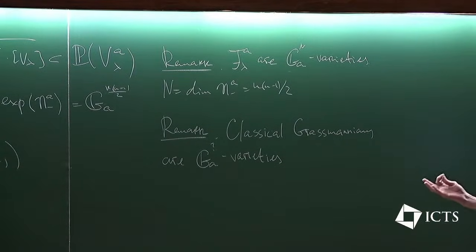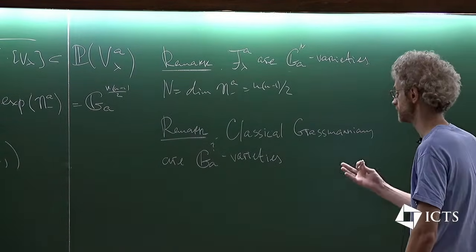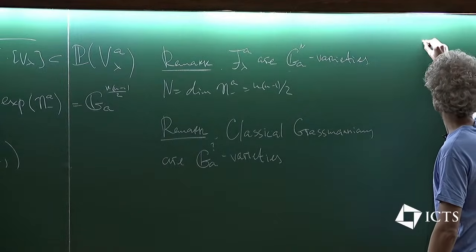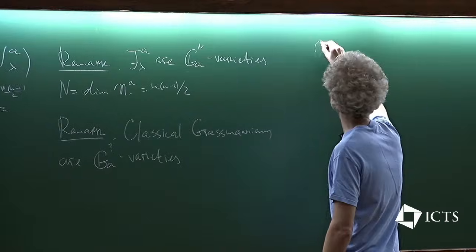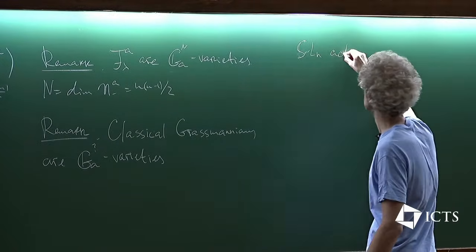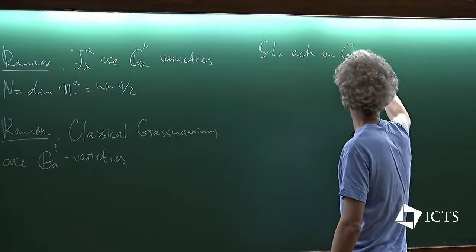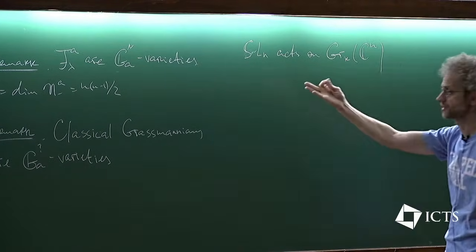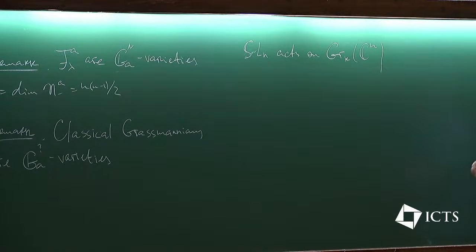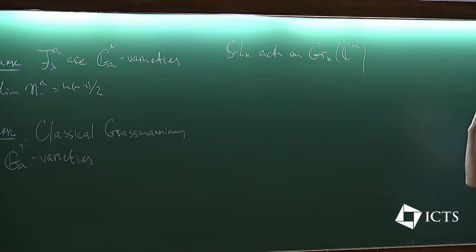Let me give some details here. Of course we know that the group GL_n or SL_n acts on the Grassmannian Gr(k, C^n). We saw these examples because this is a particular case of a flag variety, right? So it acts within just one single orbit.